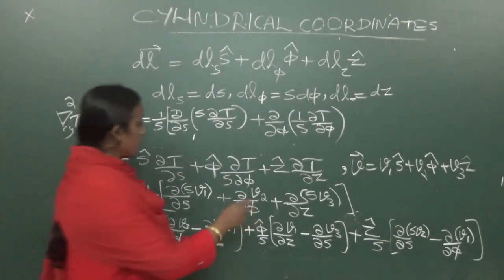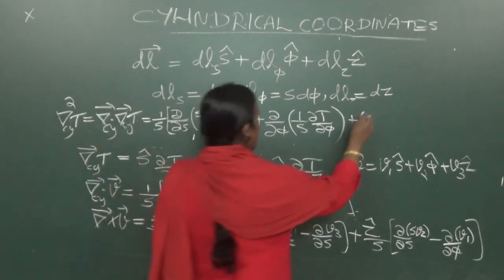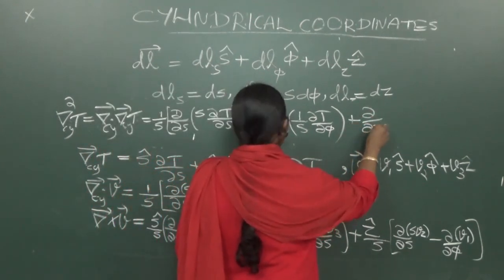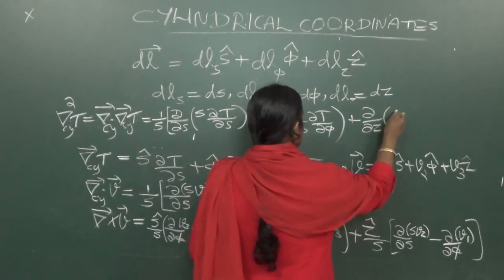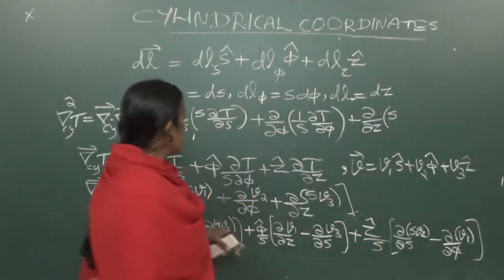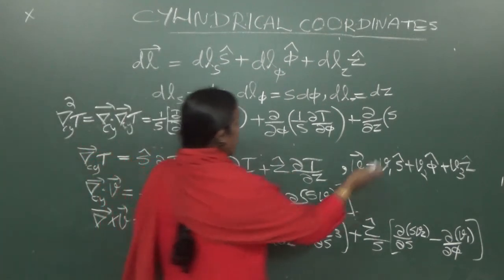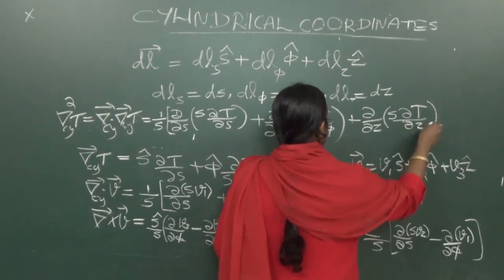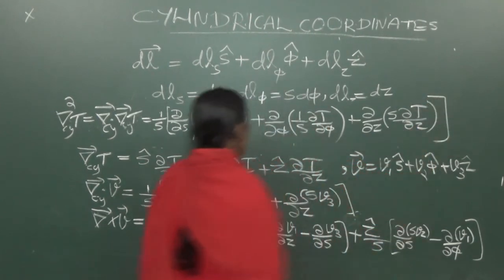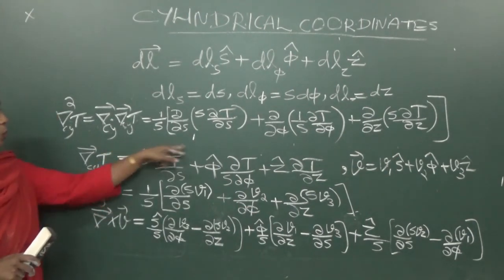Similarly, plus the next component is dou by dou z of s into v3, and v3 means dou t by dou z. So this is the Laplacian in cylindrical coordinate system.